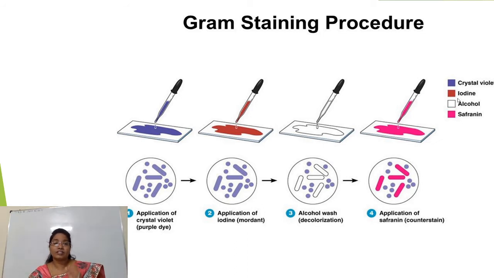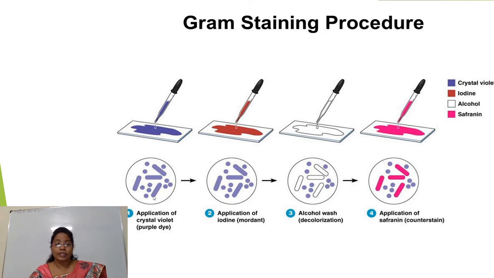Iodine acts as a mordant or fixative which fixes the dye. And the next is alcohol. Alcohol acts as a decolorizing agent. De means removing, so decolorizing means a color-removing substance, called alcohol.